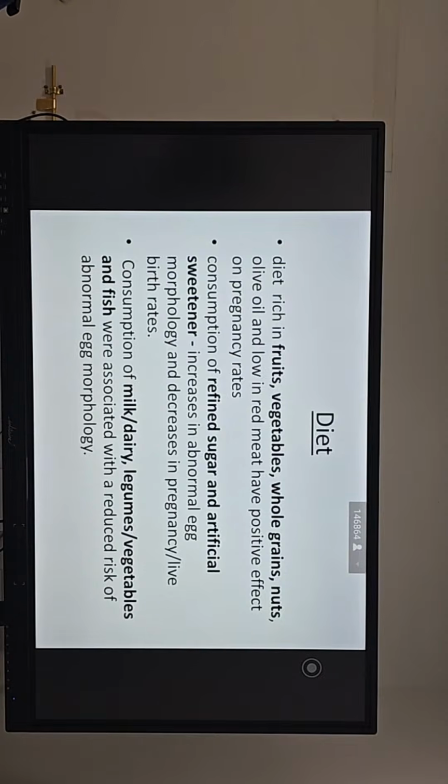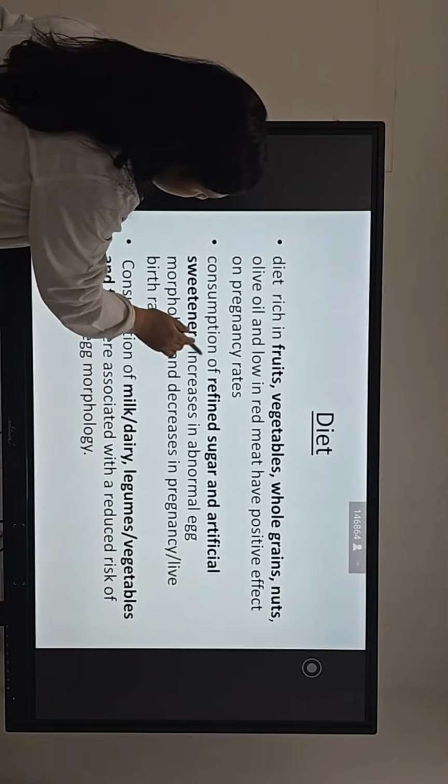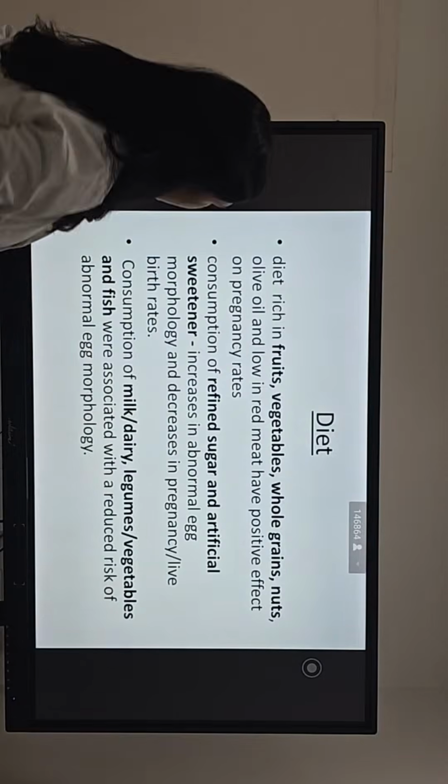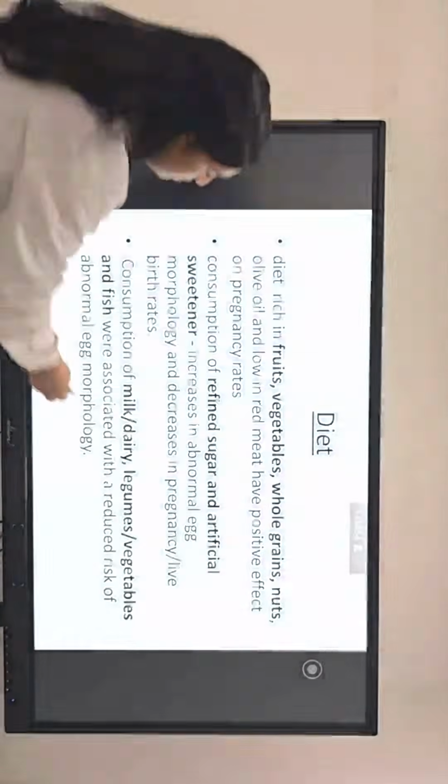These have been seen to increase the quality of the oocyte and a normal egg morphology. In contrast, the consumption of refined sugar and artificial sweeteners will increase abnormal egg morphology and decrease pregnancy or live birth.